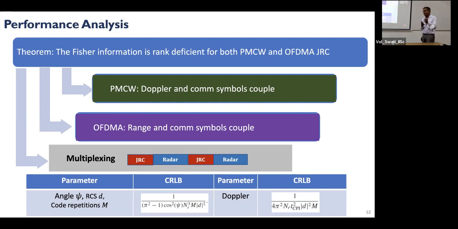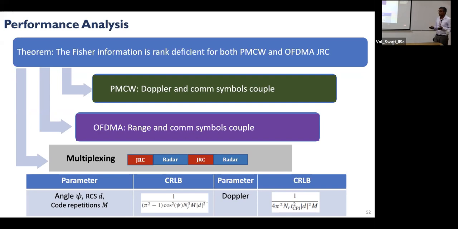There's a three-element vector, and I find the Fisher information matrix of that, and it turns out that for the scheme that we are looking at, the Fisher information matrix is rank deficient. That means you have problems with identifiability. In particular, for one transmission scheme, the Doppler and the communication symbols couple, and for the other, the range and the communication symbols couple. So no matter what, you cannot unambiguously get this information.